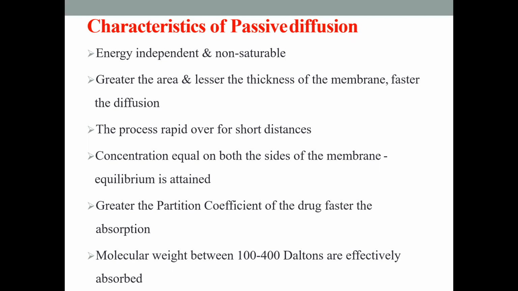See the next characteristic: the greater the area and the lesser the thickness of the membrane, the faster will be the diffusion. From Fick's first law of diffusion, in the mathematical expression, the surface area of the absorbing membrane is directly proportional to the rate of diffusion, and the thickness of the membrane is inversely proportional to the rate of drug diffusion.